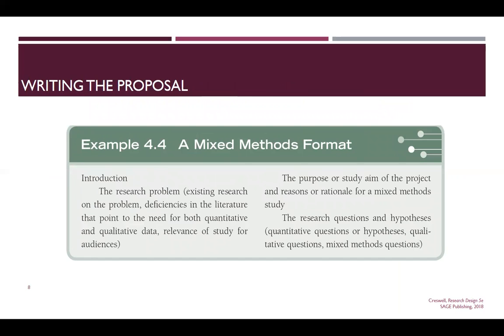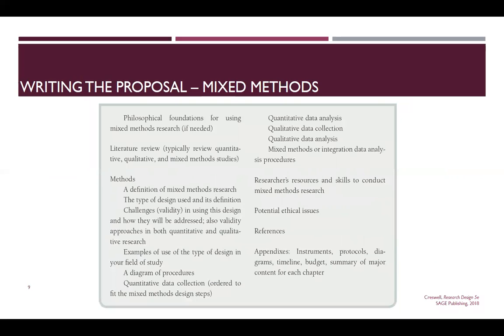And a mixed methods format would be a combination of the two. When we look at mixed methods, we're going to see the different types, because it really depends on: is it quantitative and then qualitative? Is it qualitative and then quantitative? Are they running simultaneously? What's the order of the methodology being used within the mixed methods? And here's an outline of a mixed methods.